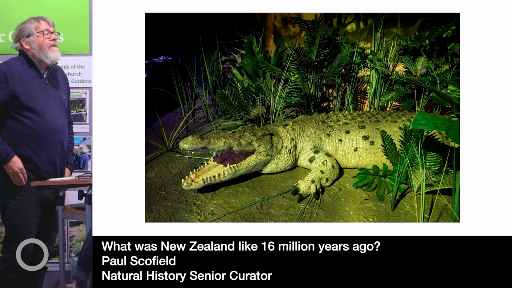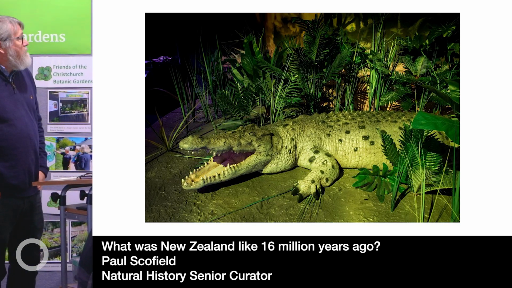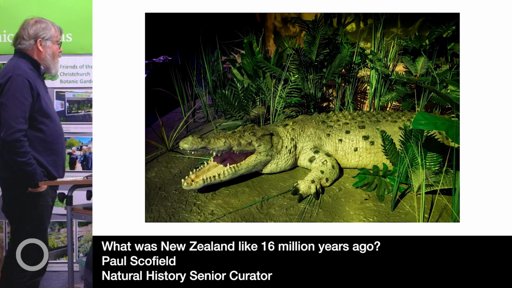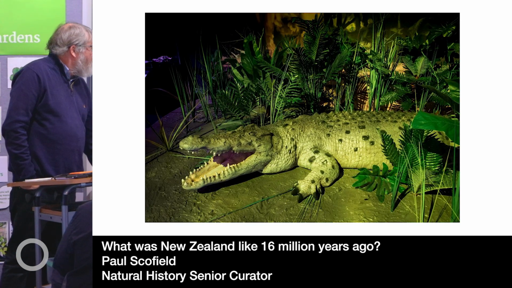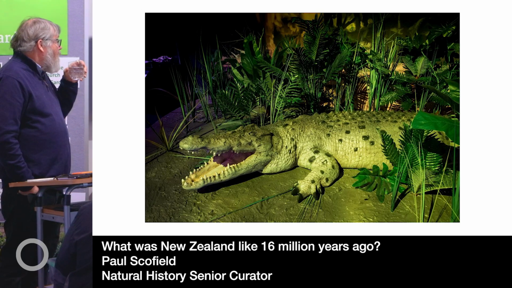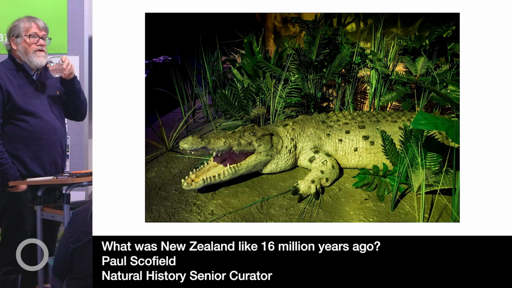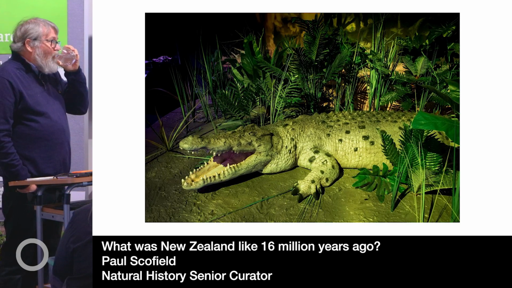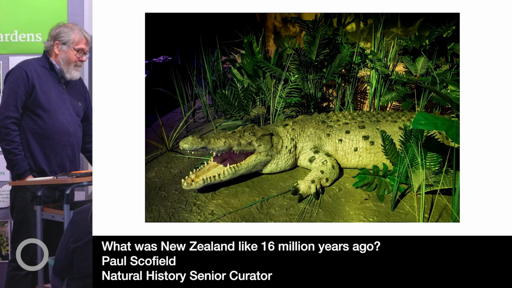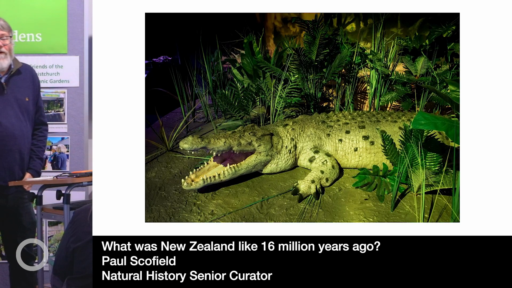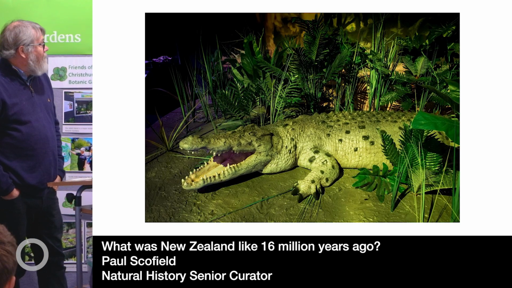When this site was first highlighted as being truly important in the 1980s, the first remarkable fossil they found was a tiny bit of the jaw of a crocodile. No one knew that crocodiles had been in New Zealand.